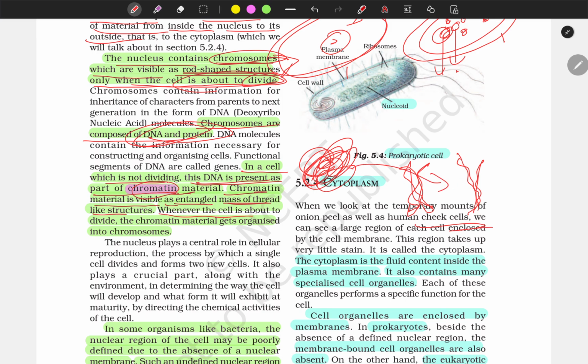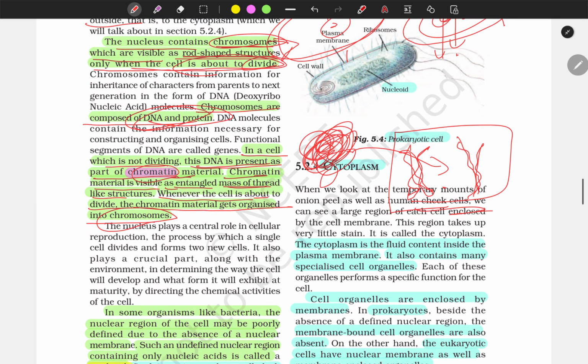Whenever the cell is about to divide, the chromatin material gets organized into chromosomes. So this is chromatin, disorganized, and at the time of division it forms the chromosome, a much more organized shape. This chromosome is made of DNA. The chromatin is also DNA, but not as organized.